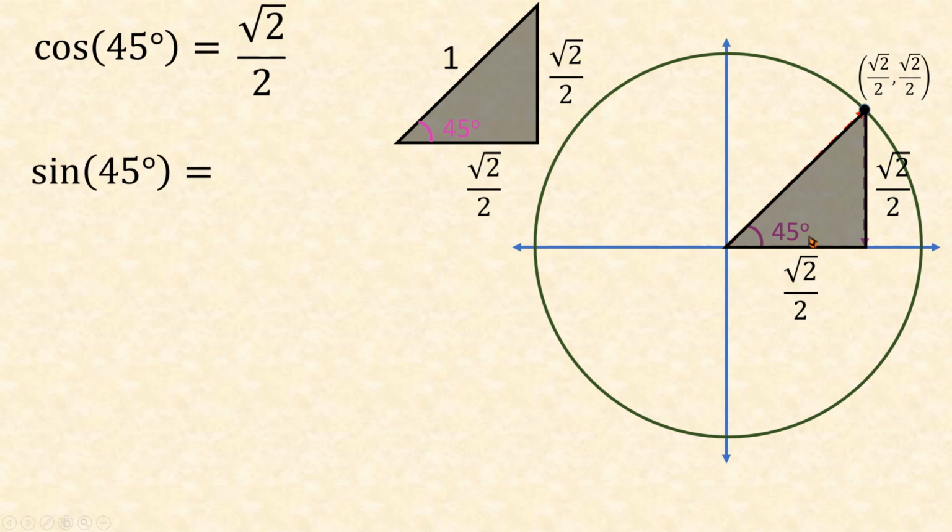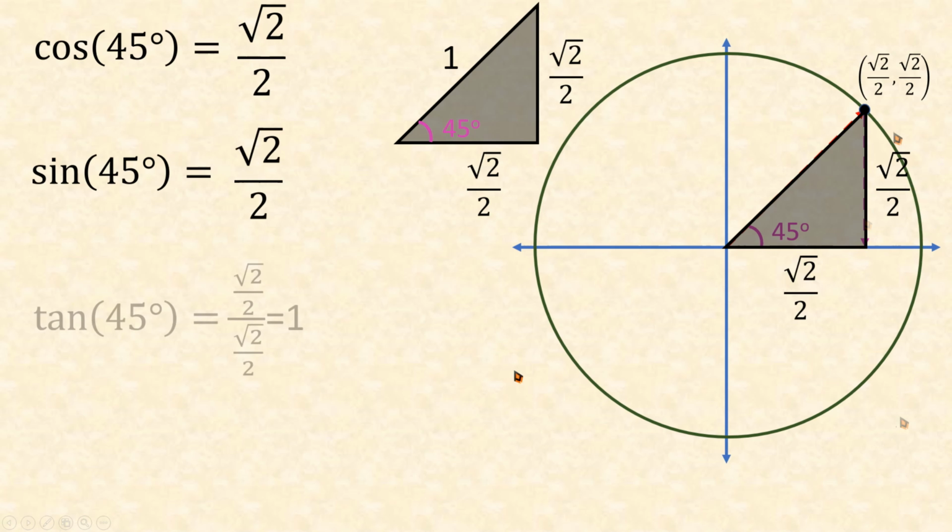If they want sine, then you look at the opposite. So you take this, put it over 1, which is radical 2 over 2. If they want tangent, you take opposite over adjacent, so you have this over this. So tangent is radical 2 over 2 divided by radical 2 over 2. Same thing over the same thing gives you 1.